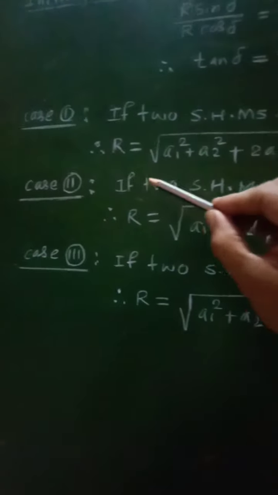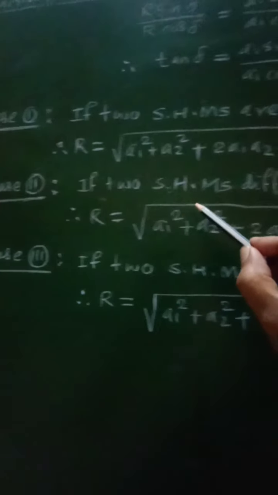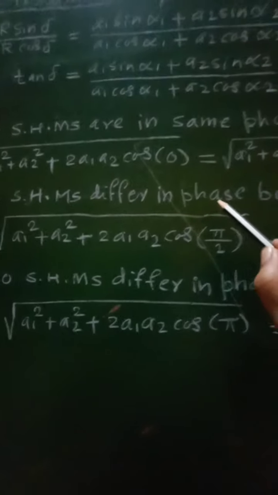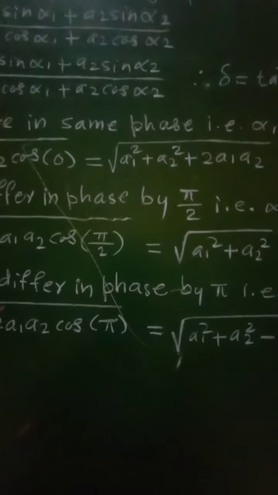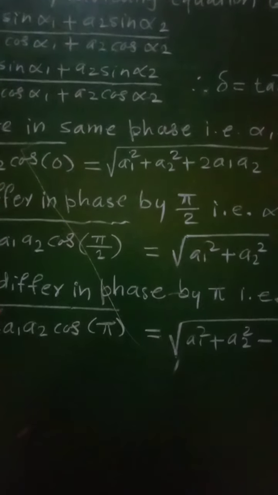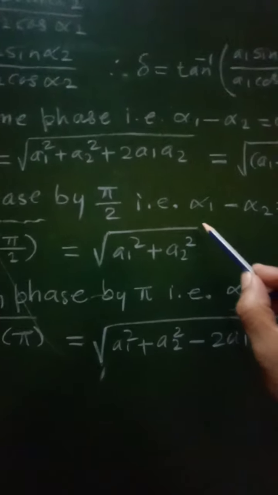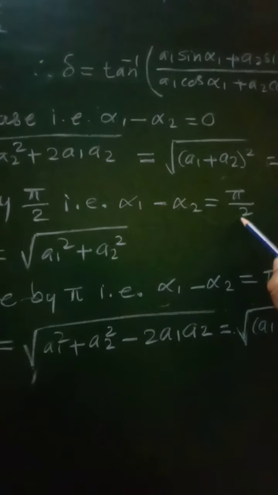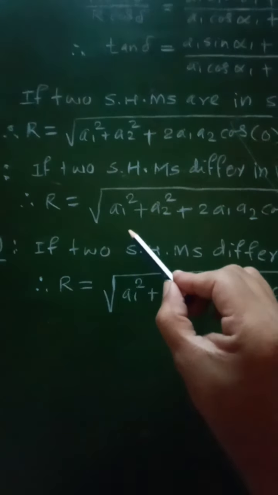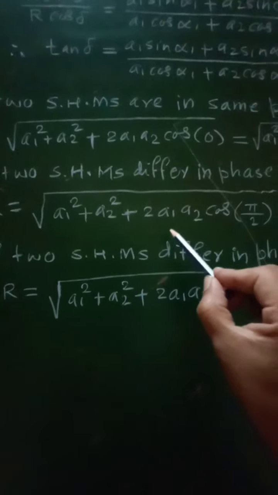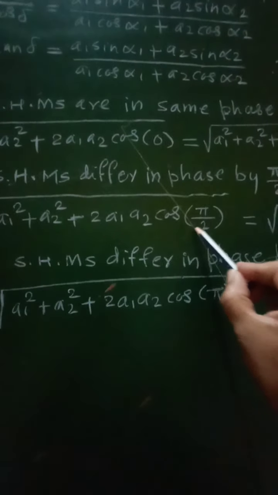Now consider second case. If two SHMs differ in phase by pi by 2, that is alpha 1 minus alpha 2 will be equal to pi by 2. At that time r will be written as r equal to square root of a1 square plus a2 square plus 2a1 a2 cos pi by 2.